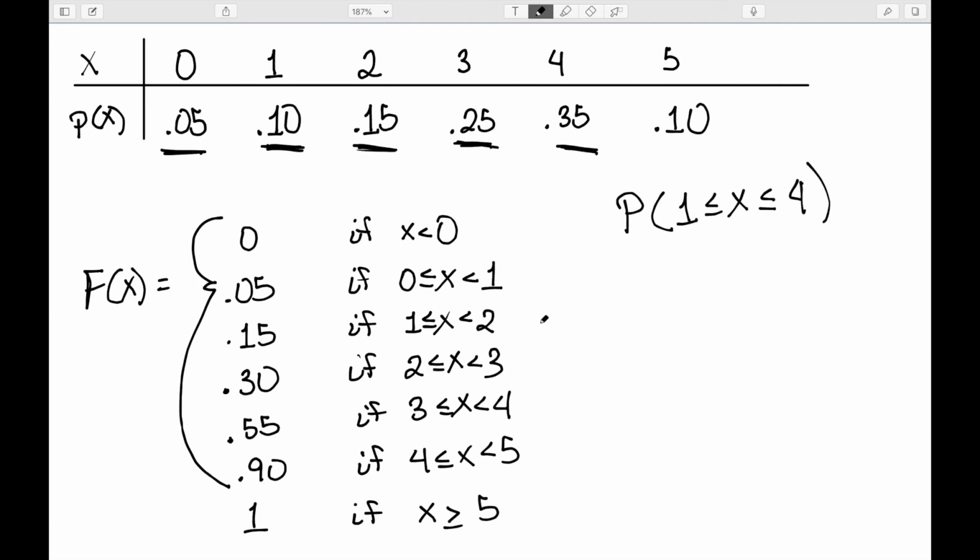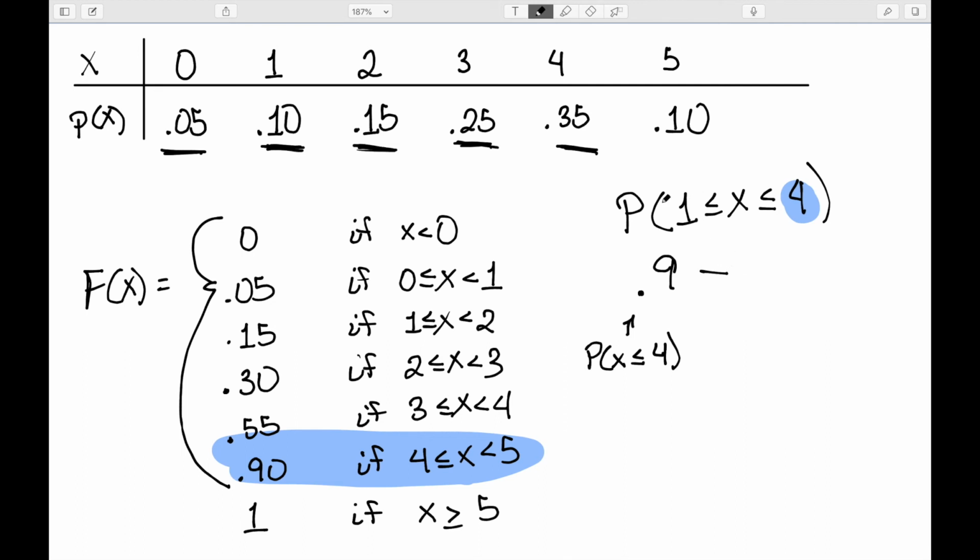I now want to use this cumulative density function to find the probability that x is between 1 and 4. So I'm going to do this by starting with the 4 value. And that's going to occur here. So that would be 0.9. Well, this right here tells me the probability that x is less than or equal to 4. So this gives me extra information. So I need to subtract out what I have extra. Well, I want to include everything through 1.